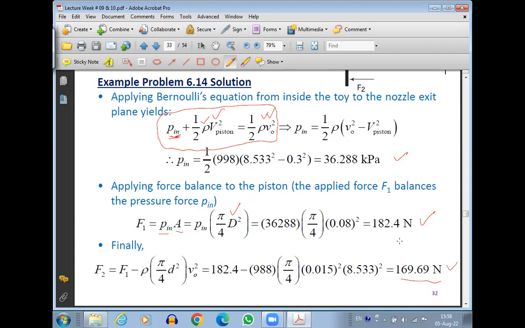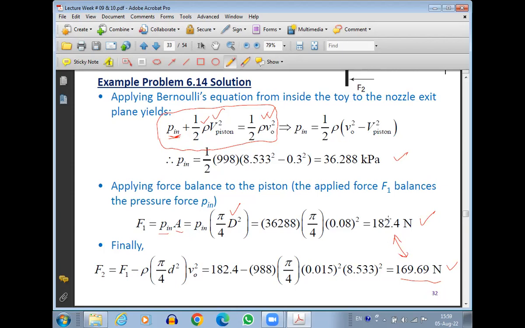It's very clear if we see the two forces, F1 is greater than F2, and that makes sense because the force required to push the plunger should be greater than the force which we are applying on the support to hold the toy in place. The force required to push the plunger is actually doing two things. One thing is it is pushing the fluid inside to go out of the nozzle, and the other thing is it is pushing the toy to move in a certain direction.